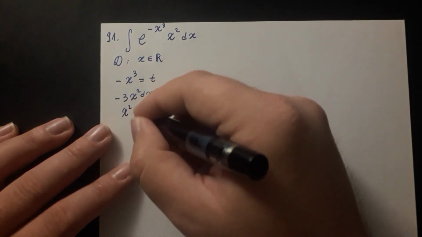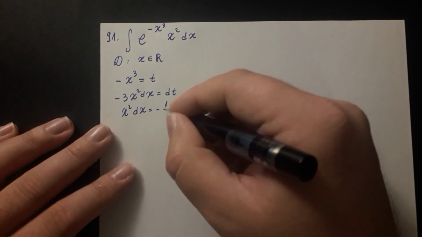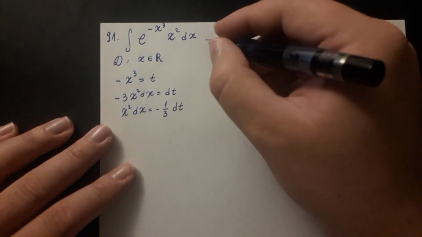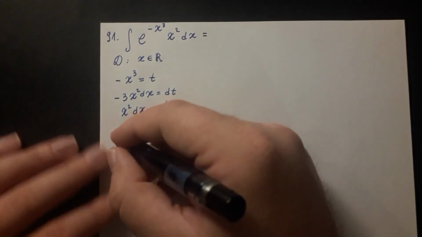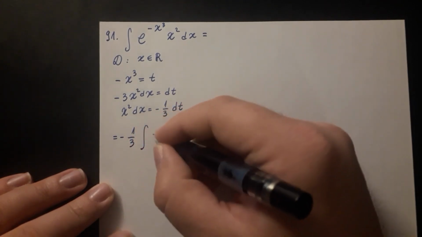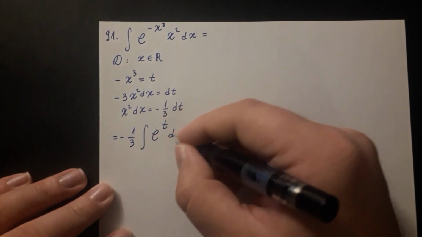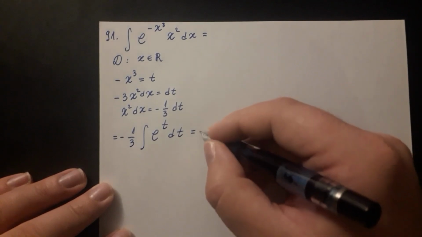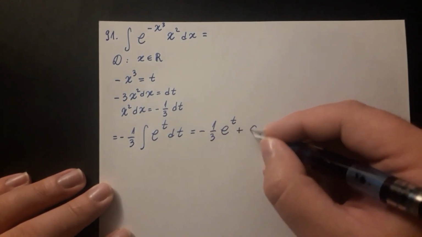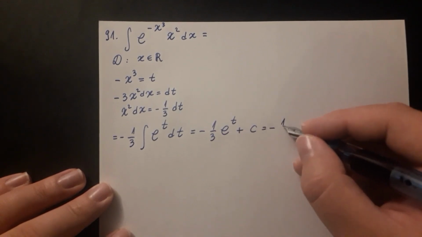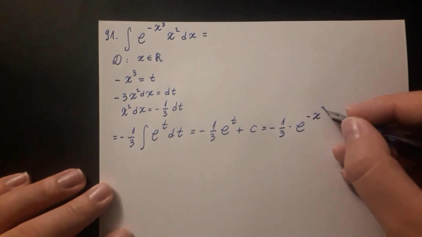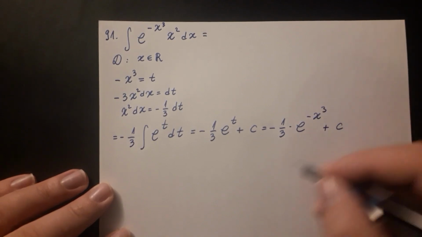X squared dx is then equal to negative 1 over 3 differential of t. This integral then becomes equal to negative 1/3 of the integral e to the power t dt, which is equal to negative 1/3 e to the power t plus c, which is equal to negative 1/3 times e to the power negative x cubed plus c.